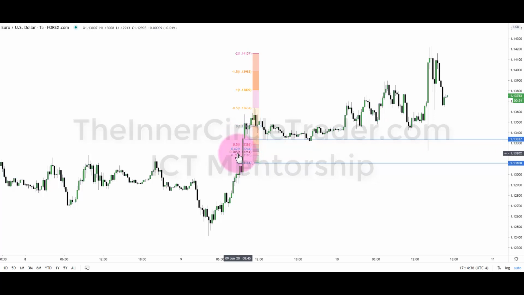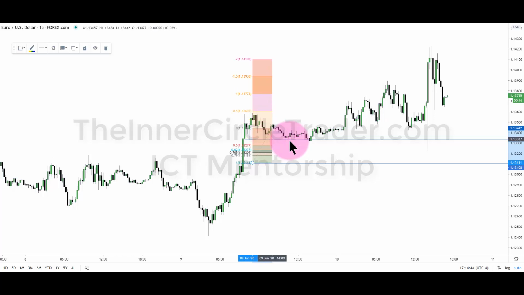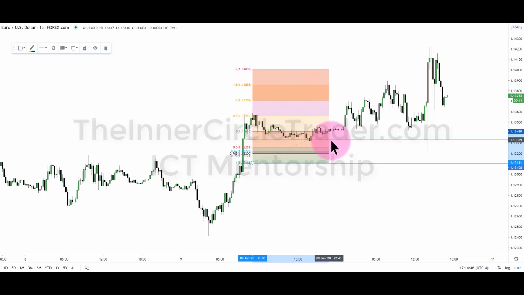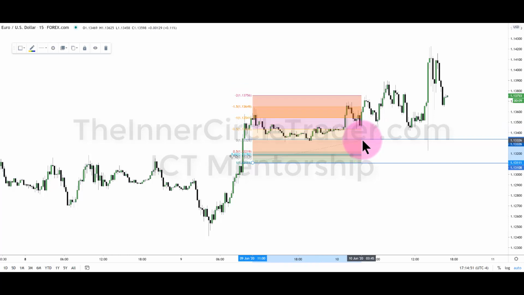And the 50 level is, I've got to make sure I put it on an area because it's set to that magnet on TradingView. There you go. That's good enough for government work.